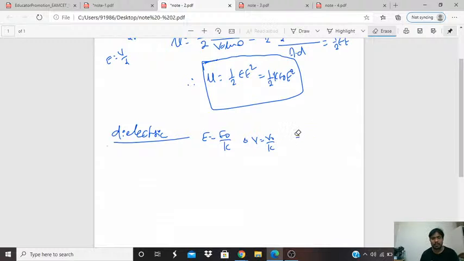But here the capacitance will increase by k times. Capacitance, what? Increases by k times. Charge will be the new charge q into 1 minus k, decreases. But mainly capacitance is what? K times increases.